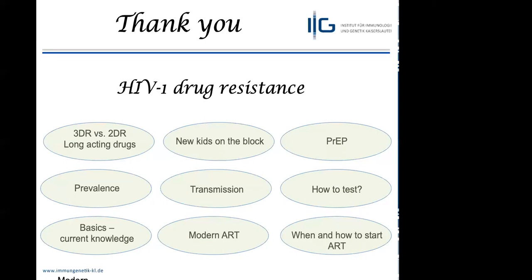We are talking about same day ART, starting at the same day of diagnosis without drug resistance testing. This would be totally unreasonable if we would at one point consider that 5 to 10% might have integrase inhibitor resistance at baseline.